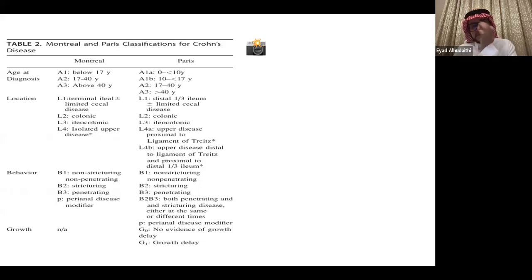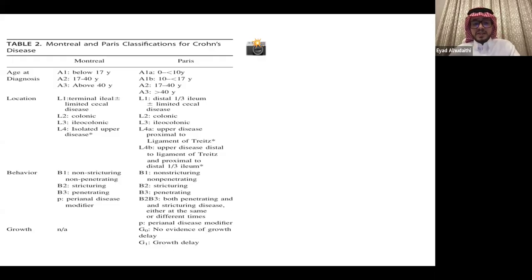So again, this is what we explained before, the main differences between Montreal and Paris, and you can just take a screen capture. As we said, the age, they have changed it to less than 10 and more than 10. Location, they have expanded the L4.